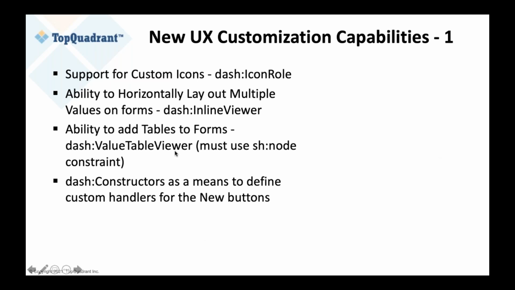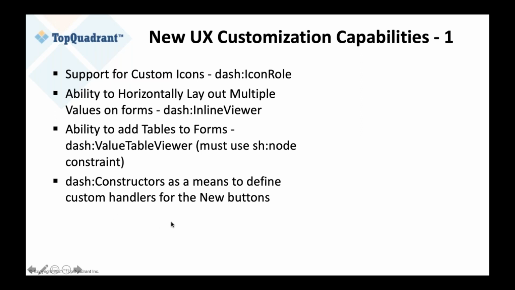The next feature, ability to add tables to forms, it's not really new in 7.1. It's actually was available pre 7.1, but I wanted to highlight it because I don't know if everyone recognizes that there is this capability.